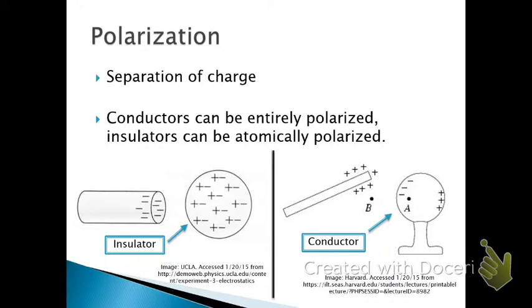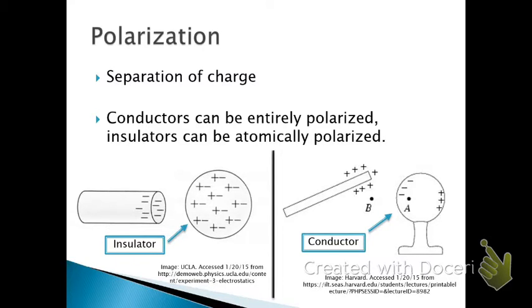And finally, another phenomenon you need to understand is called polarization. Now, if I bring a charged object near an uncharged object, it will get polarized. If it's a conductor with the electrons free to move about, all the electrons will head to one side or the other. Well, not all the electrons, but a large component of electrons will move from one side to the other, leaving behind a positive charge on the other side.